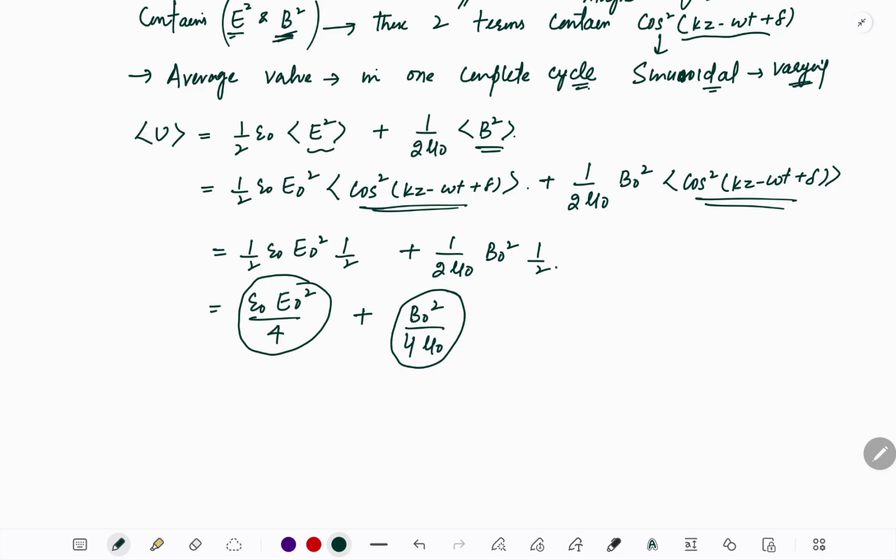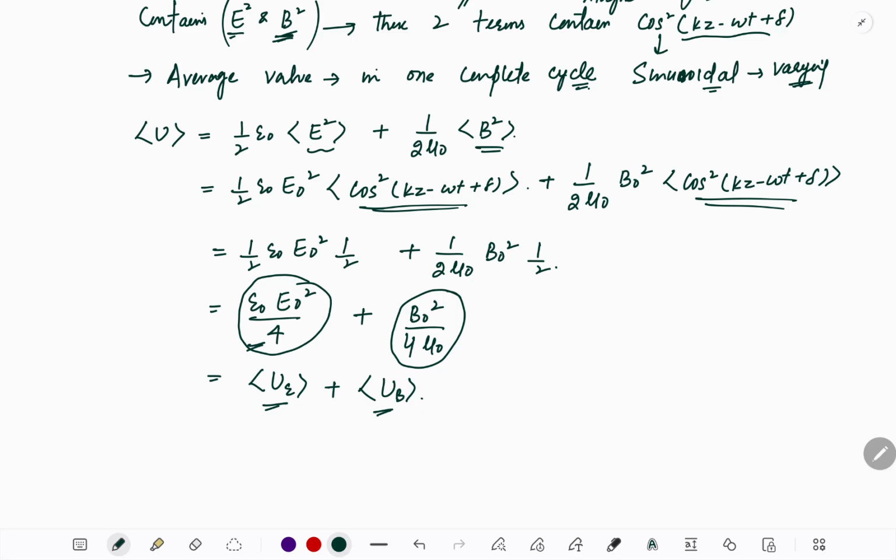We can represent the first term as average of UE, as in some books, and the second as average of UB, the magnetic field. Average of UE is this term, average of UB is this term.